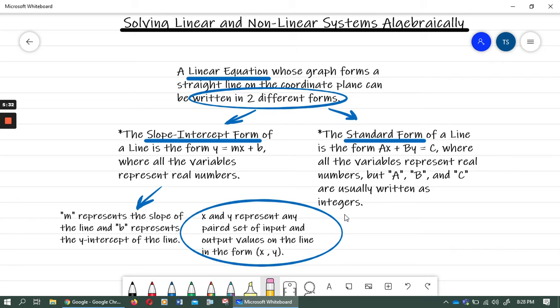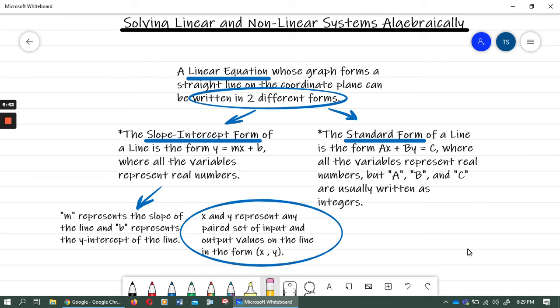So you'll see the linear equations in the system written in these two forms. For those of you wondering, okay, Mr. Starkey, you're saying we'll see the linear equations written in the slope-intercept form and the standard form, but what is a system?